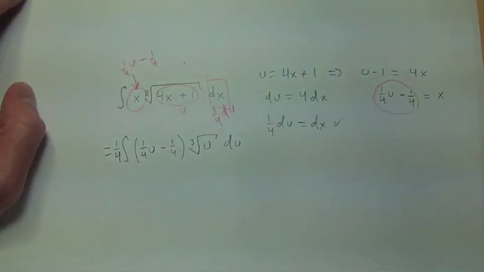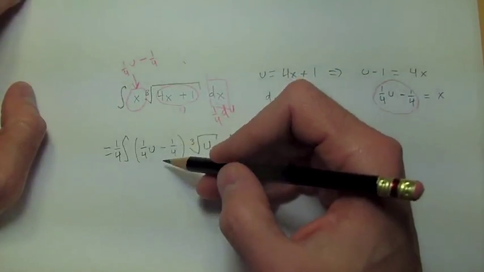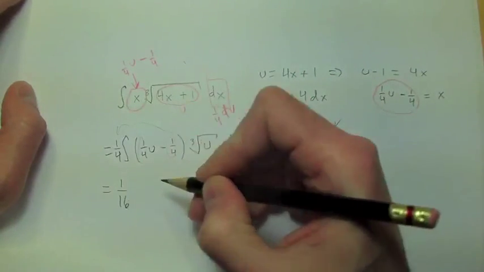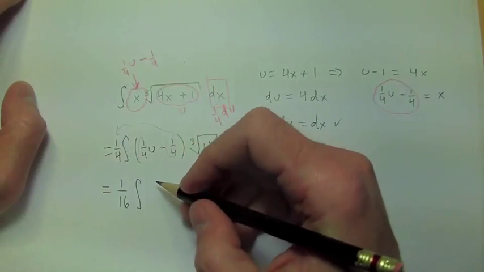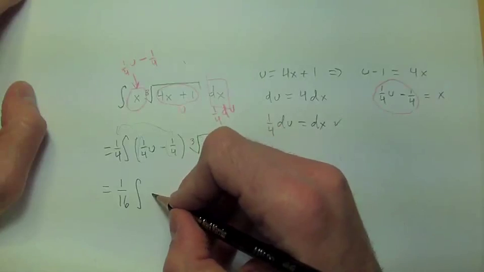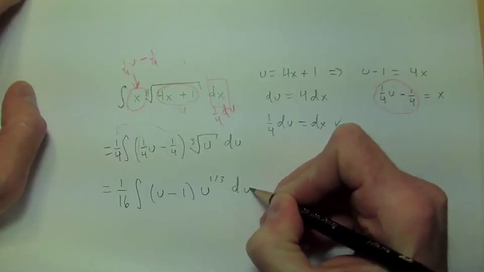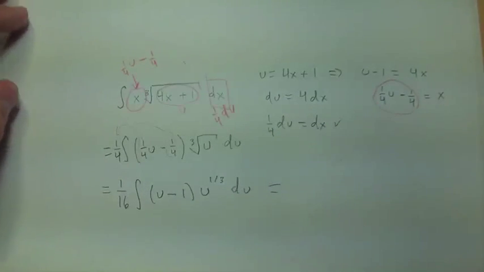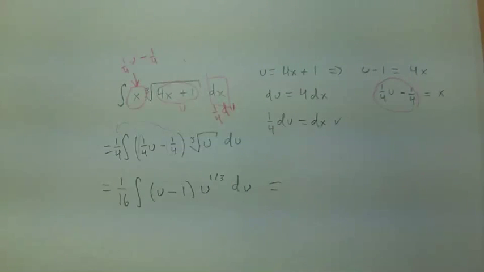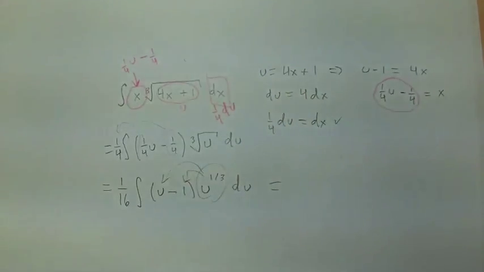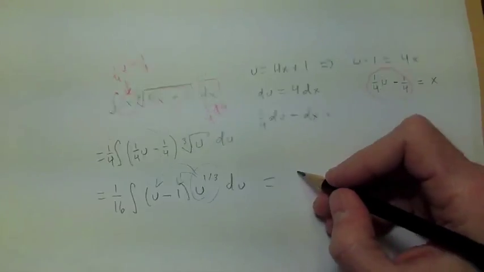And then I also have this extra 1/4 that I can factor out, so I'm going to get 1/16 times the integral of u minus 1 times u to the 1/3 du. And once again, I'm going to distribute.